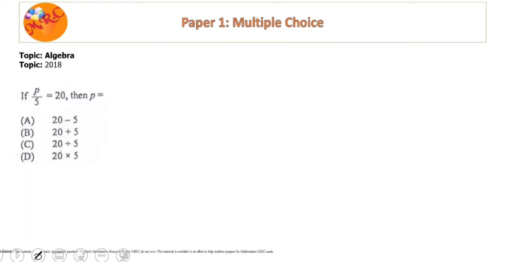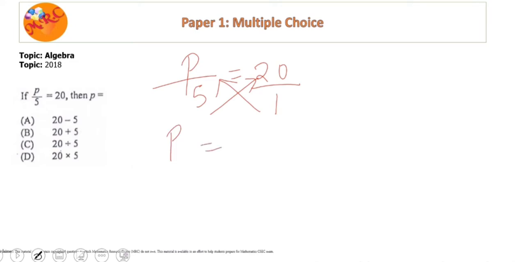Good? Continuing. If p divided by 5 equals 20, then p equals, so let's go with that. P divided by 5 equals 20. What we can do is turn 20 into a fraction by dividing by 1. Then we can cross multiply. So p times 1 is just p, and 5 times 20 would be 100.